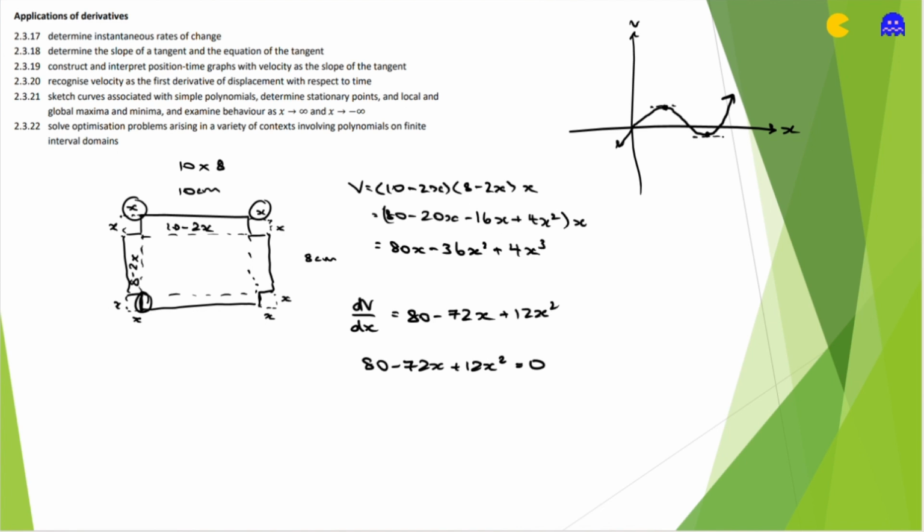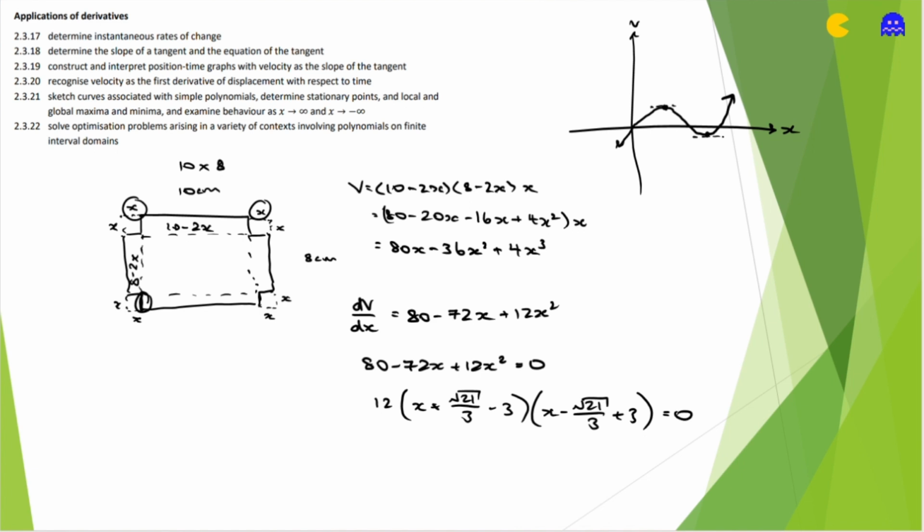If we factorize this, this will yield something like 12 times (x plus root 21 on 3 take 3), times (x take root 21 on 3 plus 3) equals 0.